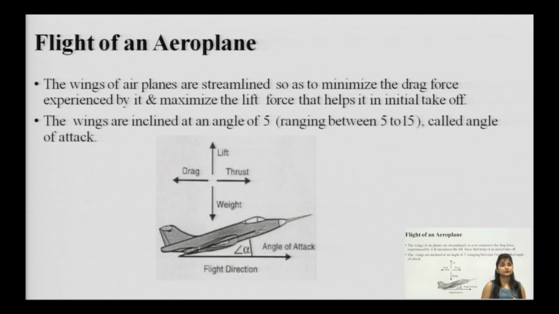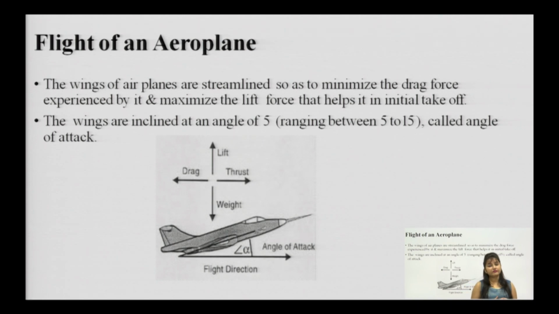Let us discuss the role of drag and lift in the flight of an aeroplane. Both give the same phenomenon, and when we are discussing the flight of an aeroplane, we can see these drag and lift forces being calculated and they play a very vital role.